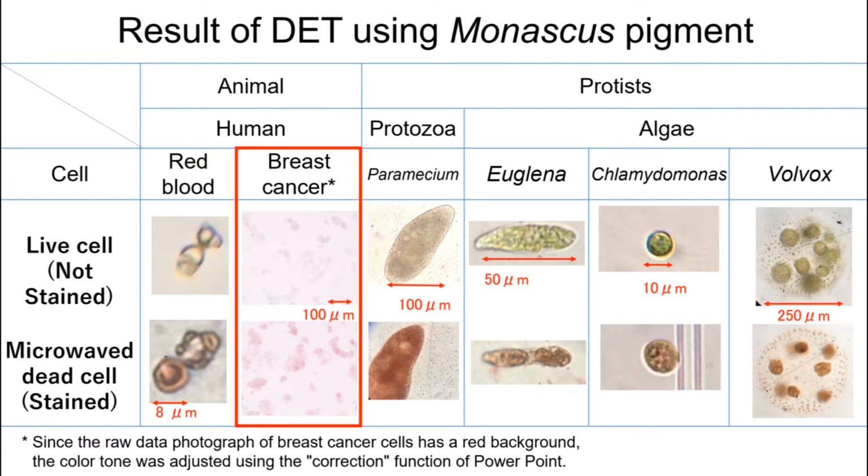In this way, monascus pigment can vividly stain dead cells of various species with different structures. Human breast cancer cells, the subject of this presentation, are no exception. Now, let's move on to the experiment.